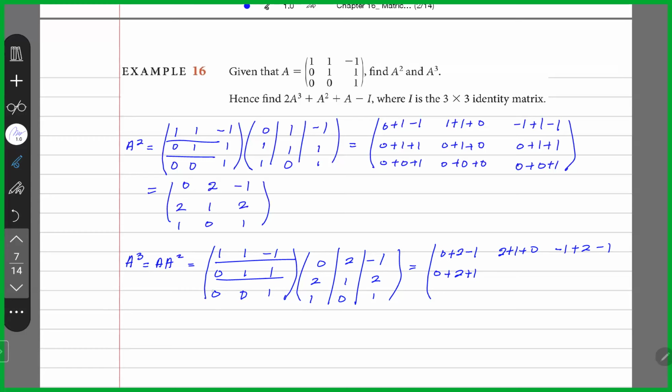Middle row, middle column, 0, 1, 0. Middle row, right column, 0, 2, 1. Bottom row, left column, 0, 0, 1. Bottom row, middle column, 0, 0, 0. Bottom row, right column, 0, 0, 1.